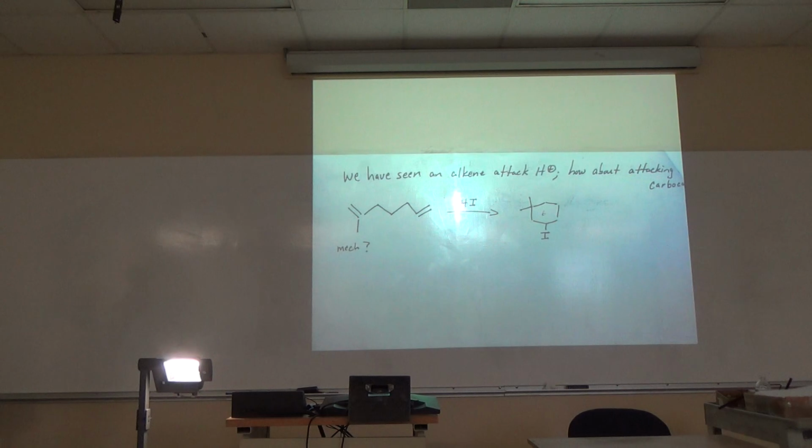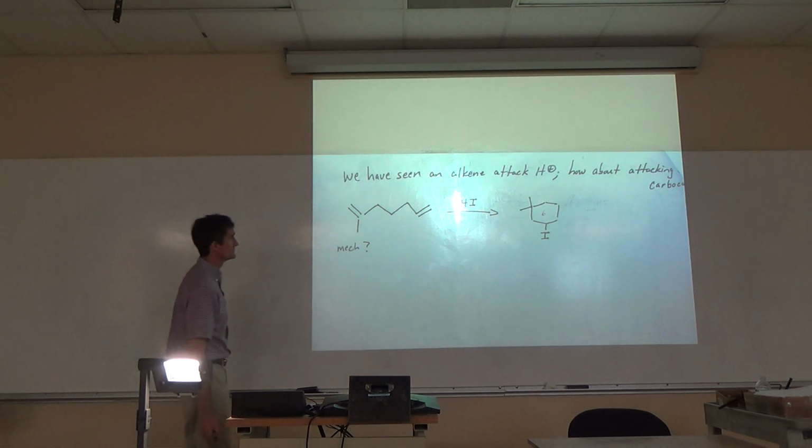This is an addition reaction, because if you take the formula of that and add HI to it, then you have the formula for the product. But it's more than just a simple addition across a single pi bond. You obviously also have a ring formation going on.